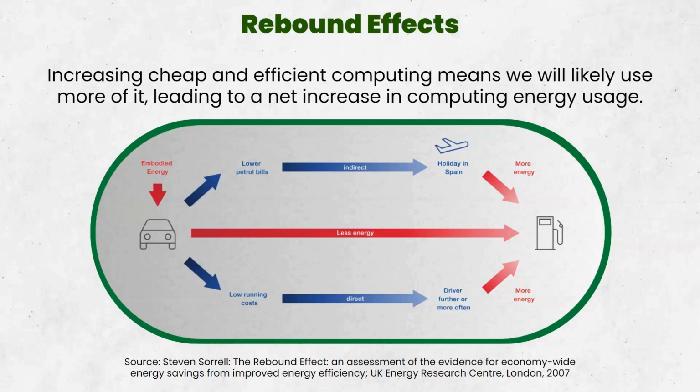Maybe as well, because our car's got lower running costs, we actually end up using it more for more frequent and for longer journeys, and again, leading to indirect increases. So in this case, indirect increases in energy use end up outweighing the direct decreases. And this is similar to what we're considering with computing here, as we've seen in the last few slides. So again, even though there are improvements, we can't take our eye off the ball here.